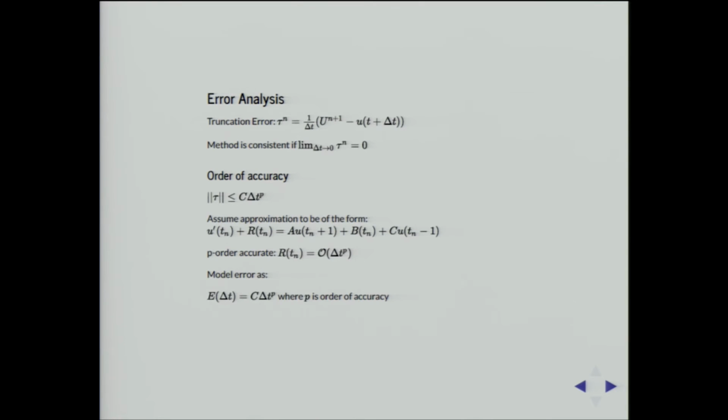And then we get the truncation error. It's just replacing the true solution into the method. So this method is consistent: if delta t goes to 0, my truncation error should go to 0.